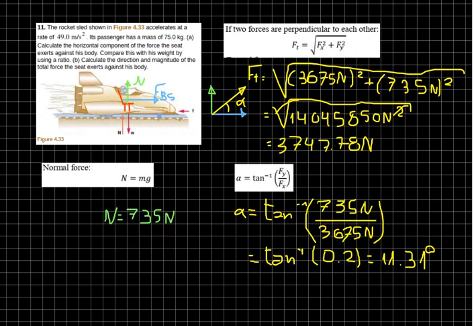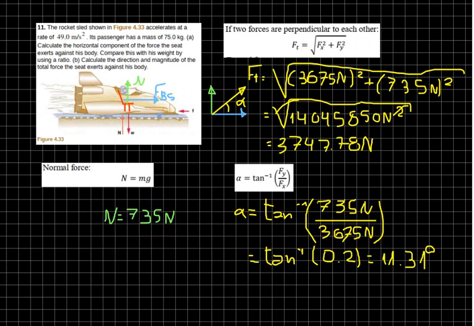After we did that, in order to calculate the total force of two forces perpendicular to each other, we have to use this formula. The horizontal force was the force of the back of the seat, and the vertical force was the normal force. We used the formula and we calculated the total force.